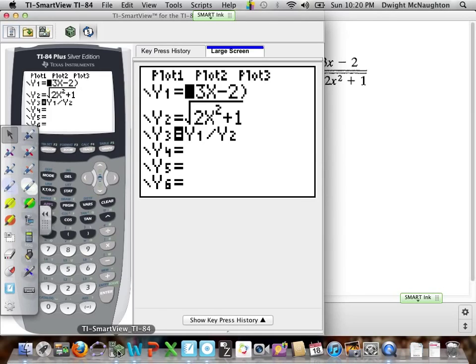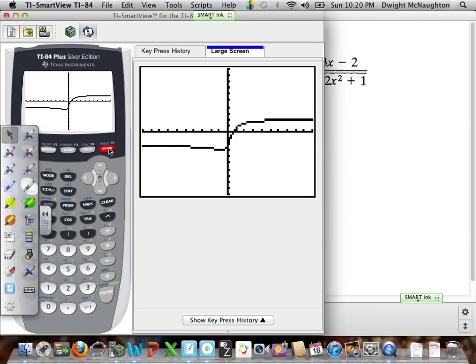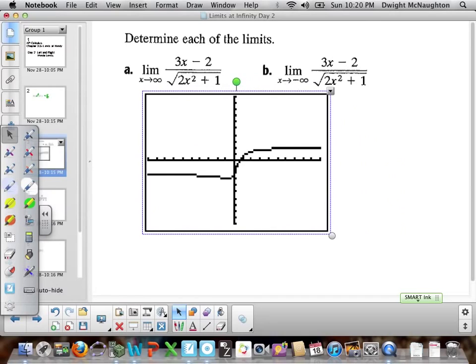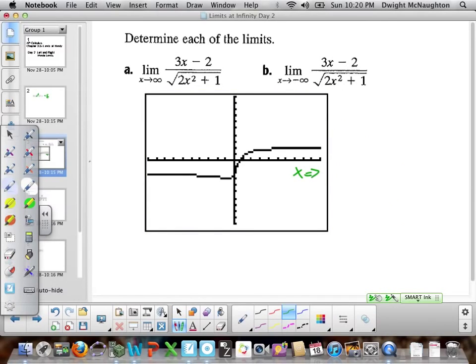So here I have my two functions, 3x minus 2 and the square root of 2x squared plus 1, and I'm dividing them, y1 over y2. If you take a look at the graph, as we approach positive infinity, we see we're leveling off to the right as our x values get bigger and bigger.